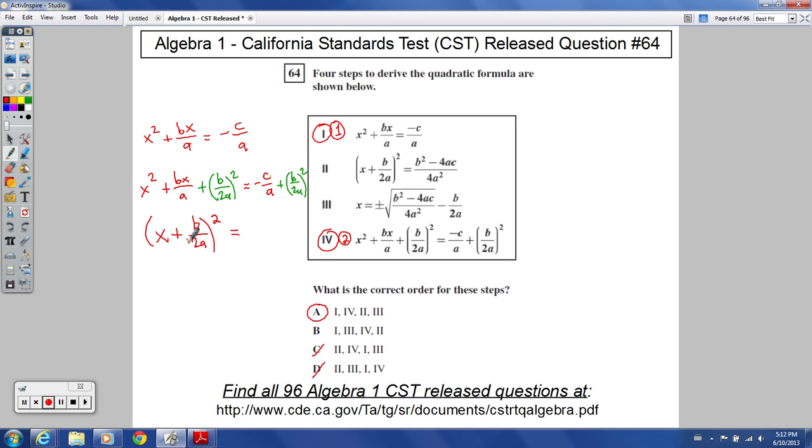If I FOIL this back out, I would have x squared. I would have b over 2a times x, and I would have that twice: b over 2a times x plus b over 2a times x. This would be the outside and the inside parts of FOIL.